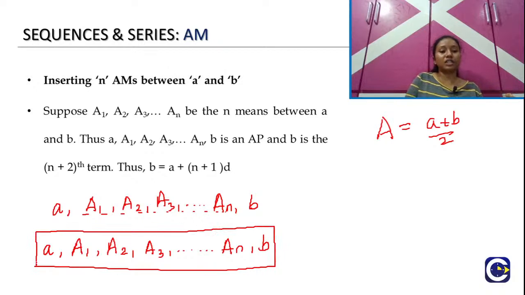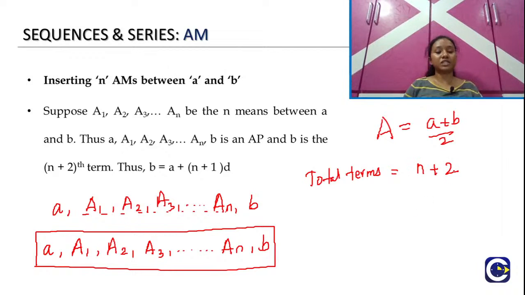For this we have to figure out the last term, that is the nth term, as well as the common difference. If you observe the total number of terms here, n arithmetic means plus a plus b, that means the total terms will be n plus 2.